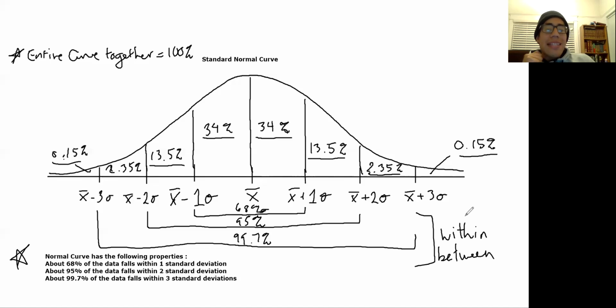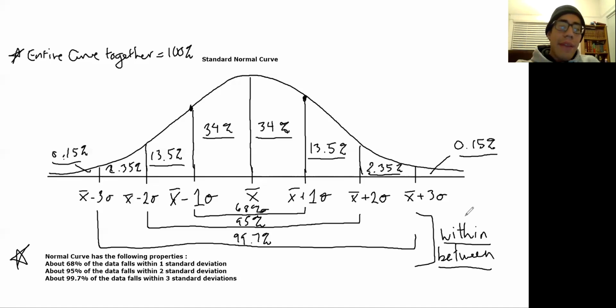What this means is, let's say that I have this point, right, and this point, and a problem asks me, okay, from the first point to the second point, what is the percentage of data in between those points, right? Like in between or within those 2 points?